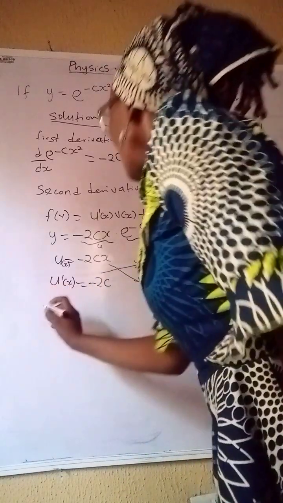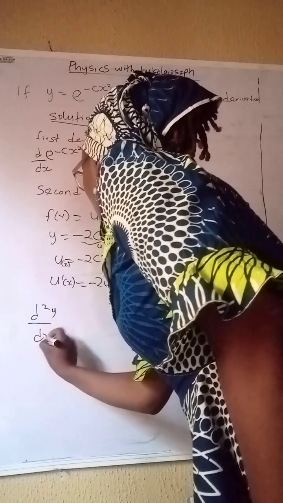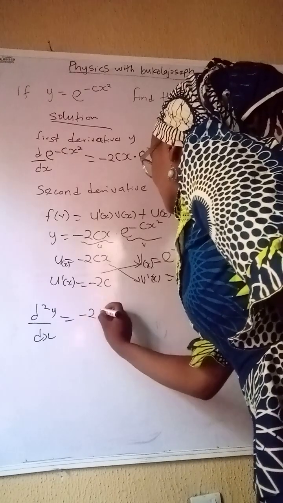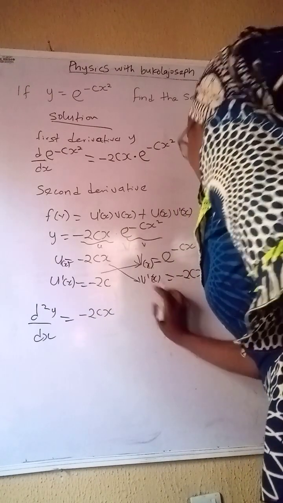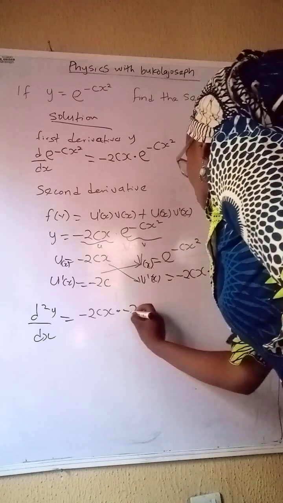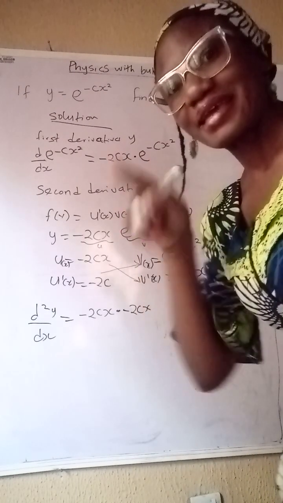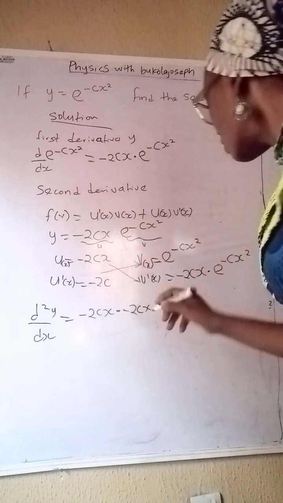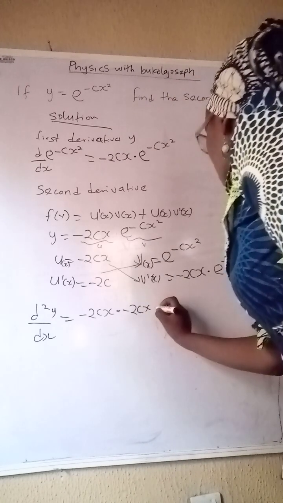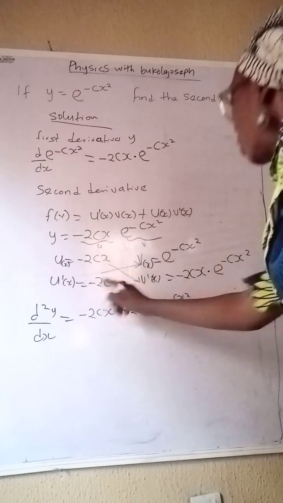So our d²y/dx² will be equal to, like I said before, minus 2c times e^(-cx²), plus minus 2cx times minus 2cx times e^(-cx²). I do not want to use the multiplication sign so that it doesn't look like the x we have in the question, so I'm using dots to represent multiplication.